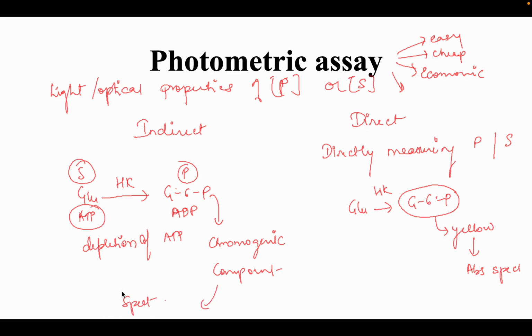So in the indirect method, we convert our substrate or product into a different compound and measure that.